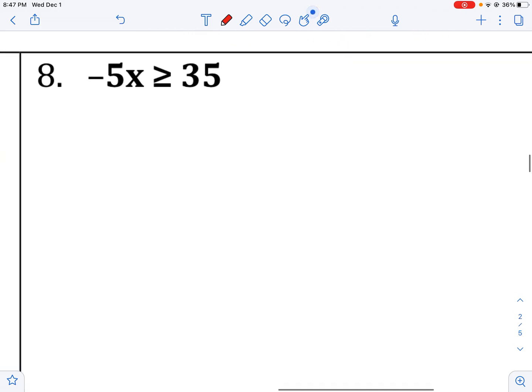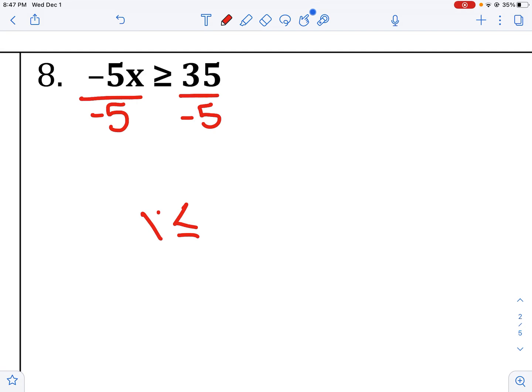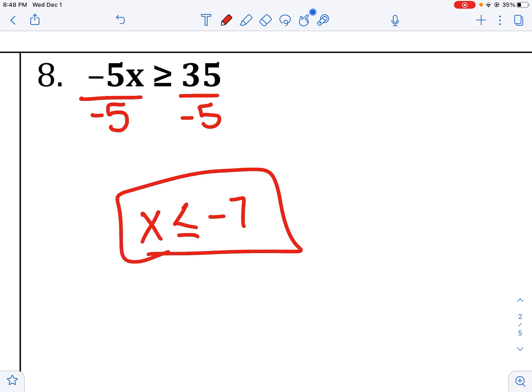On number 8, however, I need to divide by a negative 5 to get rid of that negative 5 with my x. So since I divided or multiplied by a negative, I would have to flip that inequality sign, and x would be less than or equal to negative 7.